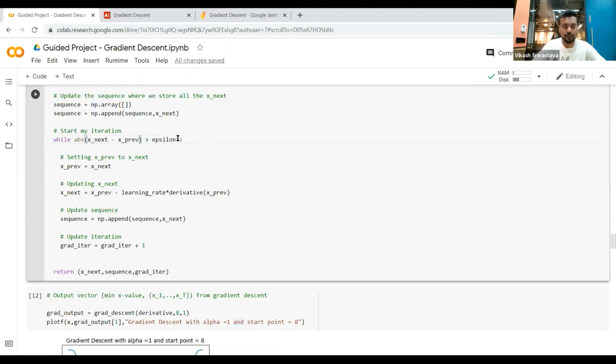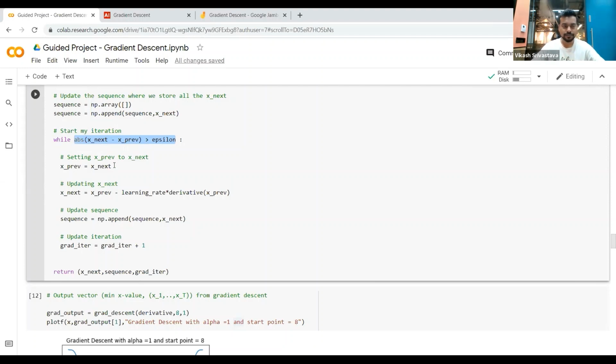Of course this is greater than, not less than, because only while this condition is true will all these things be executed. When this condition is false, that is, the update term falls below epsilon, then we'll stop iterating. Okay, hope you are able to comprehend this.